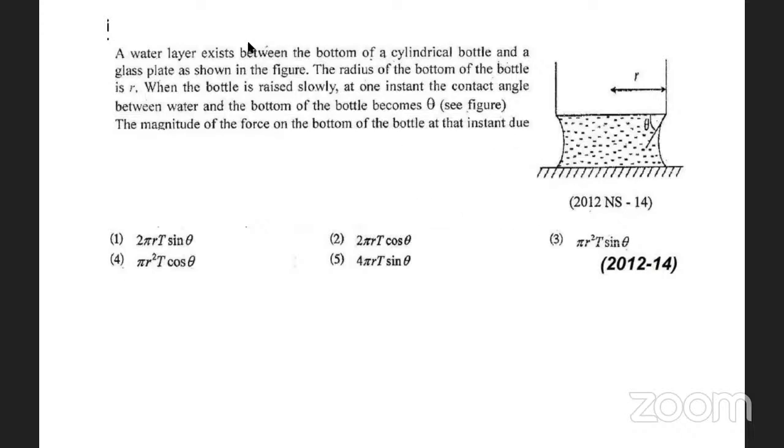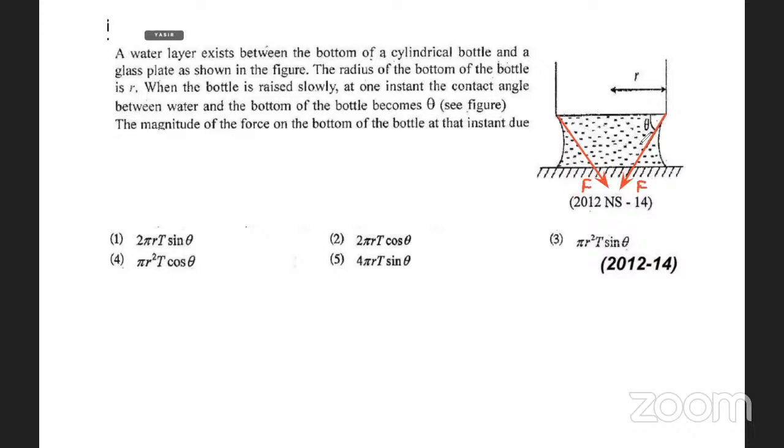Okay, so how do I mark the force, people? I have to be a little careful. The force has to be marked along the contact angle. So this is the force, like this, along the surface, right? When you take components, which will get cancelled off? Horizontal components will get cancelled off.